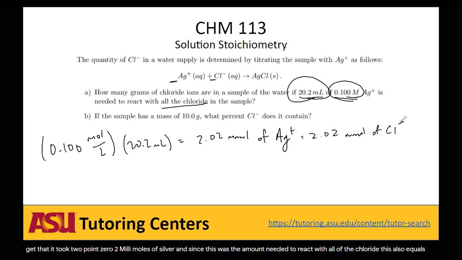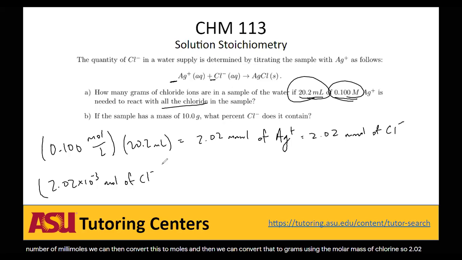And now that we know the number of millimoles, we can convert this to moles, and then convert that to grams using the molar mass of chlorine. So 2.02 millimoles equals 2.02 times 10 to the negative 3 moles. Go ahead and take that and multiply by the molar mass.